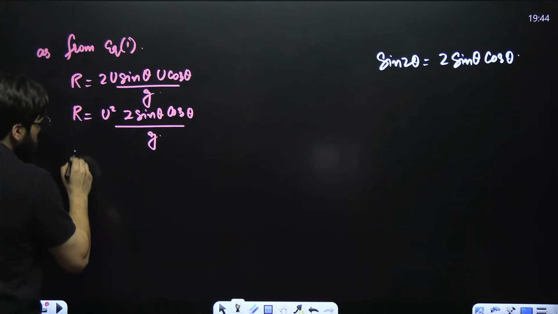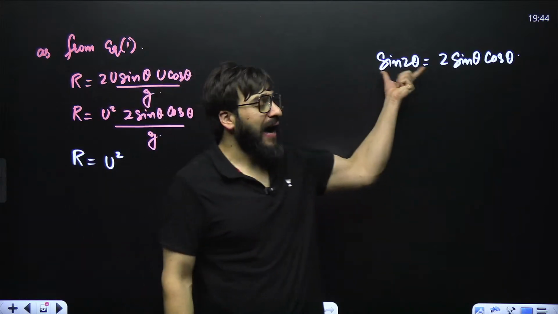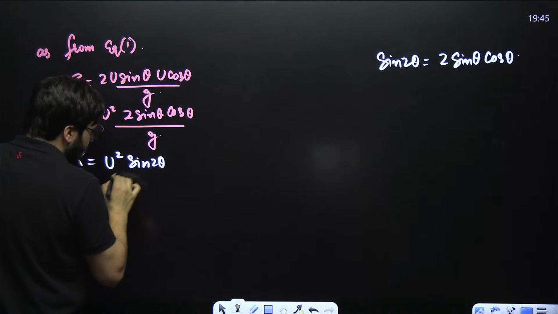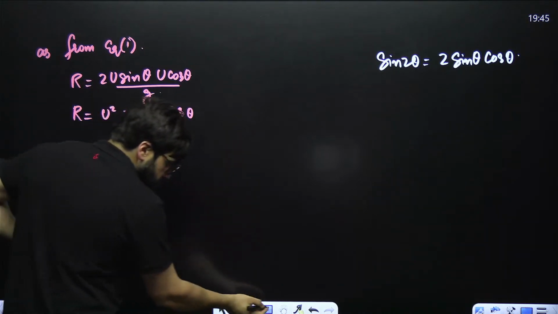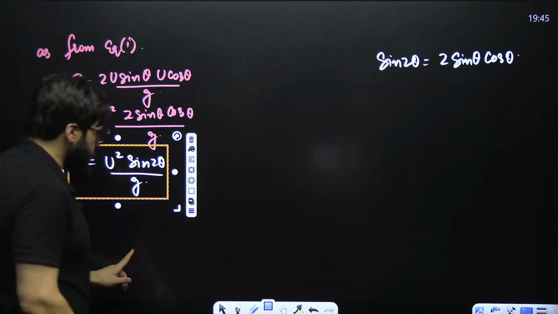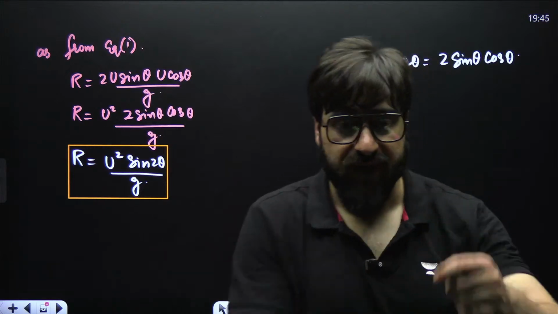So the range will come out to be u square sine of 2 theta divided by g. Put this in your box too, because this is an important equation which will help us solve the questions in the upcoming time.